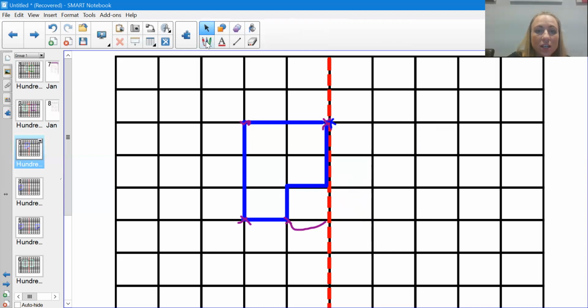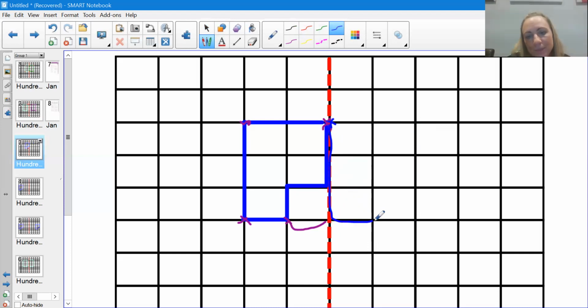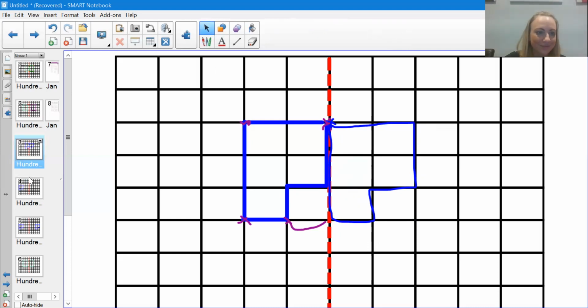So you may have ended up with a shape like this. And that hasn't been flipped, so it's not a reflection.